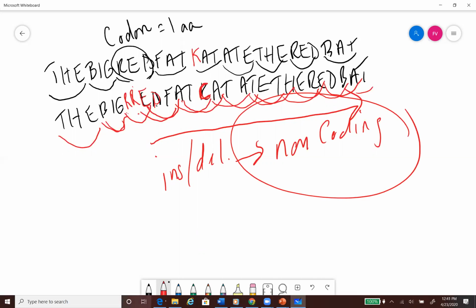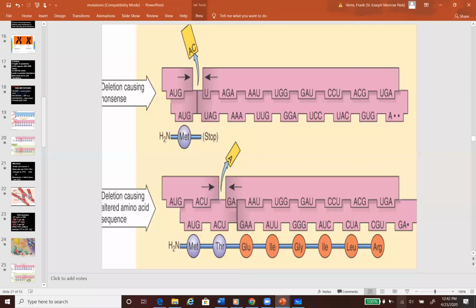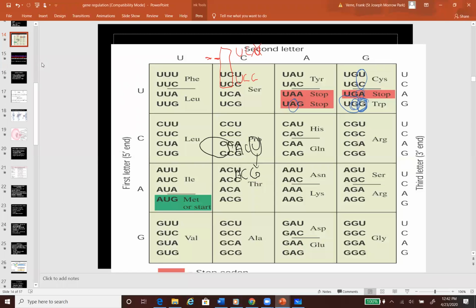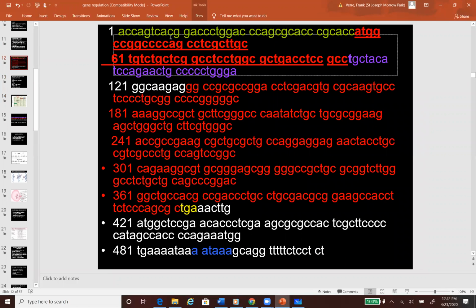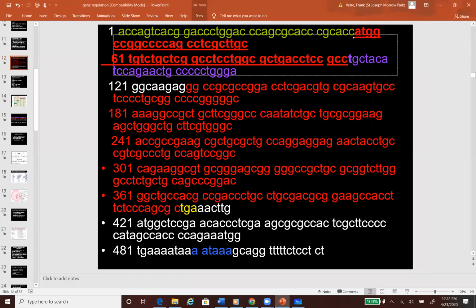Now, why the non-coding section? Because if you remember, let's go back to the structure of a gene. So here's my gene, right? The coding part is the part that gives you a protein. And that is from start up here all the way to stop, right? So all of that is a protein. Now, all of this is read 3 letters at a time.